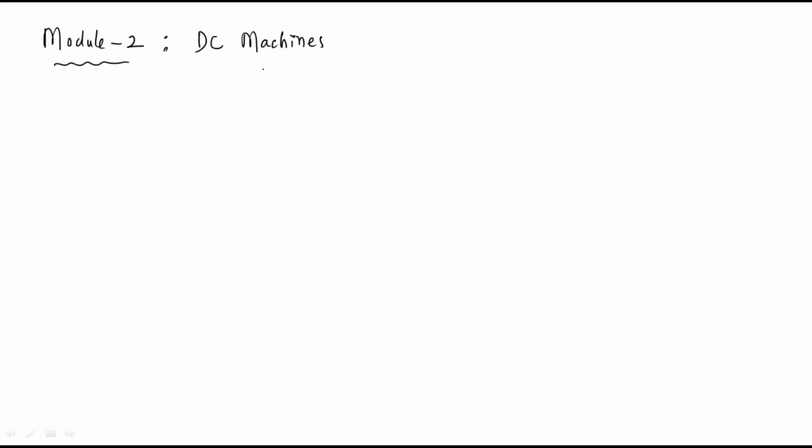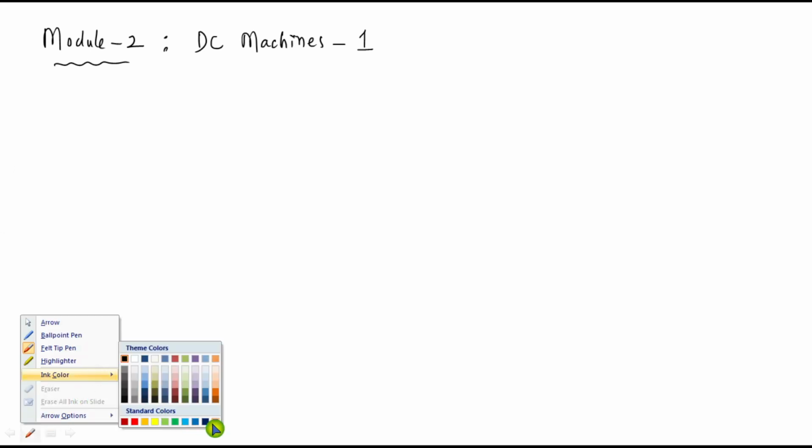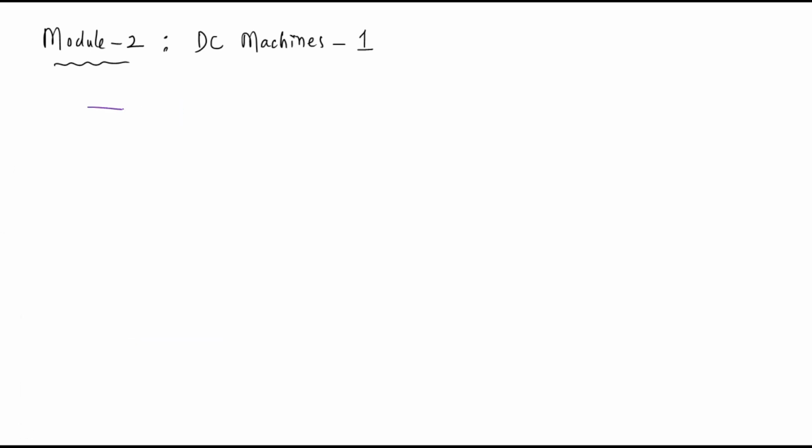So DC machines, let us say DC machines 1, right? So in this we have to discuss the basic construction of DC machine, construction. This is very important concept. Means what are the main parts of DC machines?